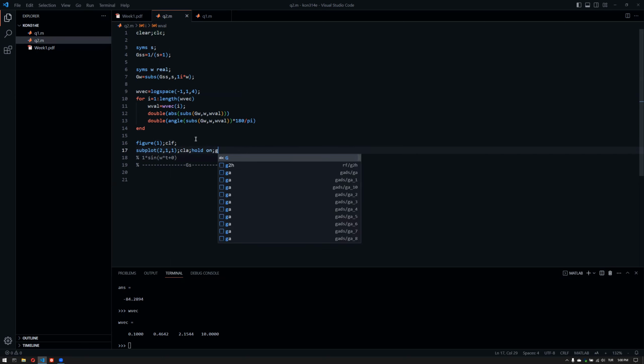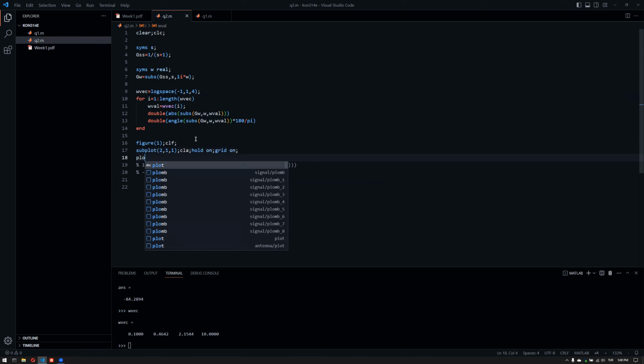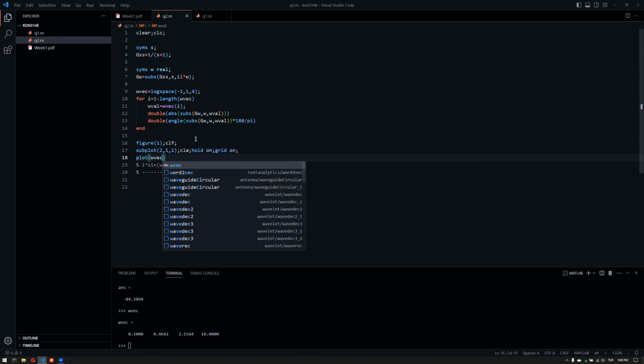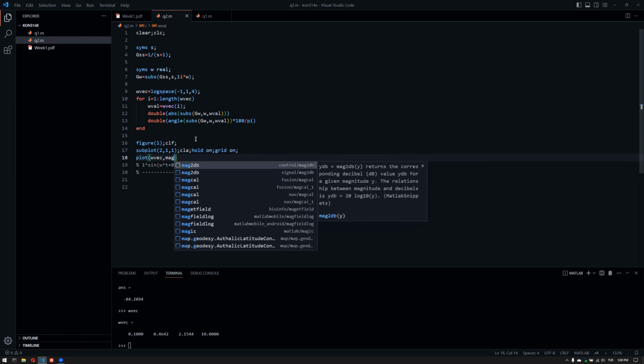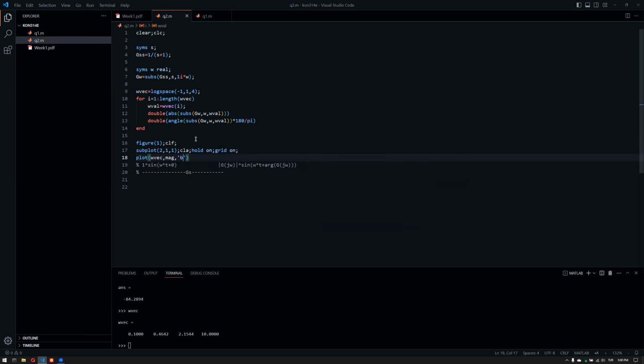Hold on, maybe grid on, and then plot omega vec and maybe magnitude. Let's give it a blue color, line width 2. And then I need the phase vector here. It's going to be the second one. We will have phase.